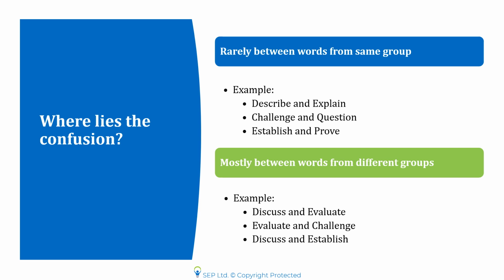So you see, the confusion is mostly between words of different groups, and GMAT plays on that aspect. But once you are able to identify the factors that distinguish the words of one group from the other, you will easily sail through the confusion. Let us now see what these differentiating factors are and how they help us distinguish between the confusing words.